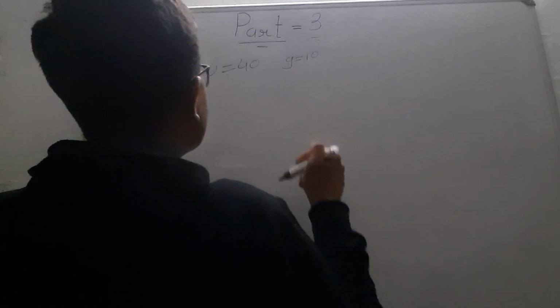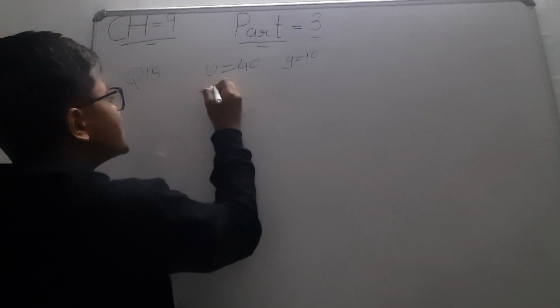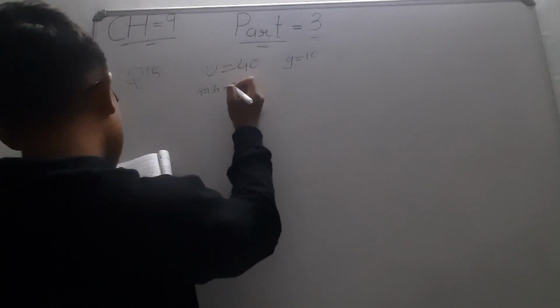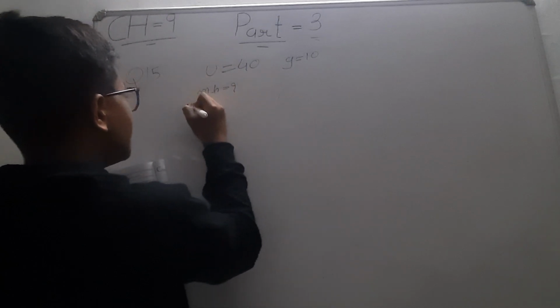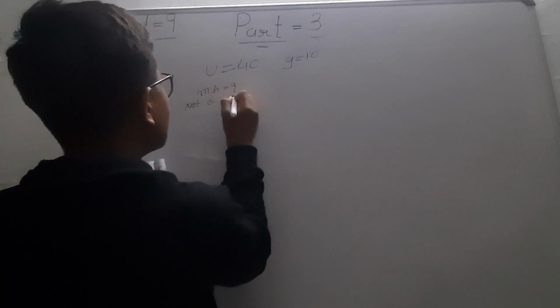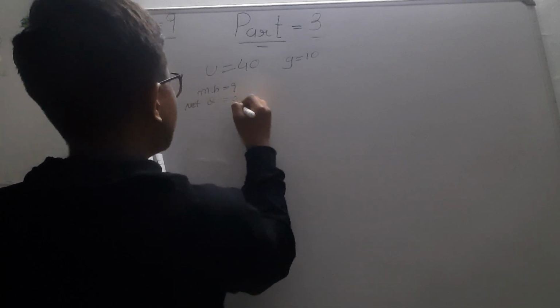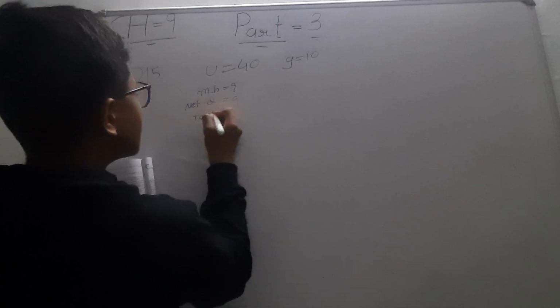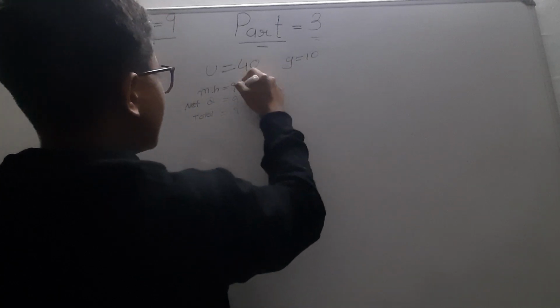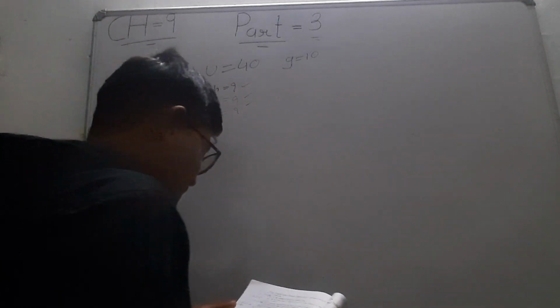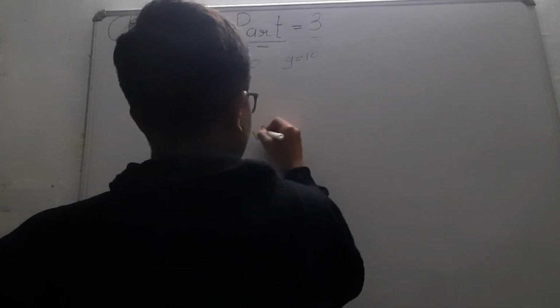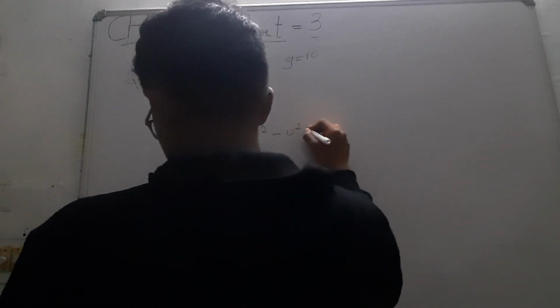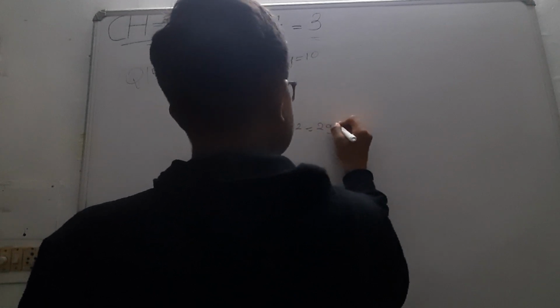Find the maximum height. We have to find the net displacement and the total distance. We have to find three things. Okay, let's do it quickly. v square minus u square is equal to 2gs.